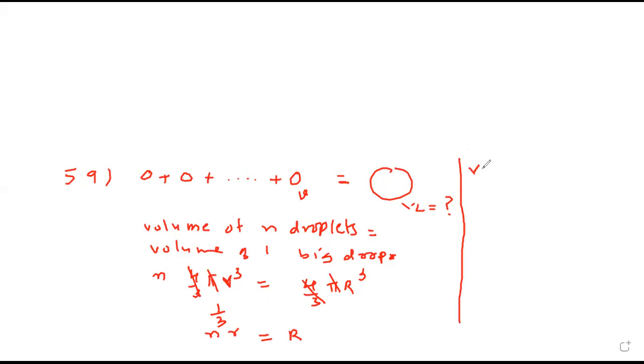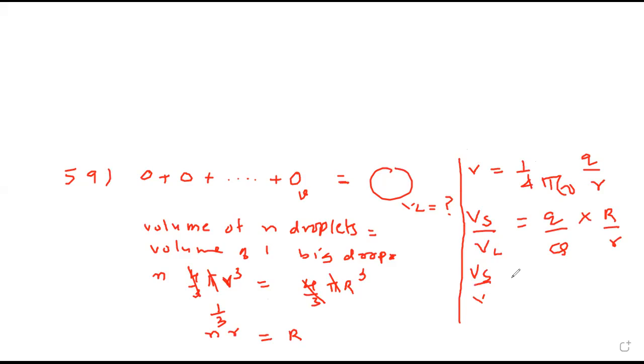Now the voltage of a sphere is 1 upon 4 pi epsilon, charge upon distance. So V of small upon V of large is small q upon capital Q into radius of large upon radius of small. The small q charges add to become capital Q, so it is nothing but N times q.